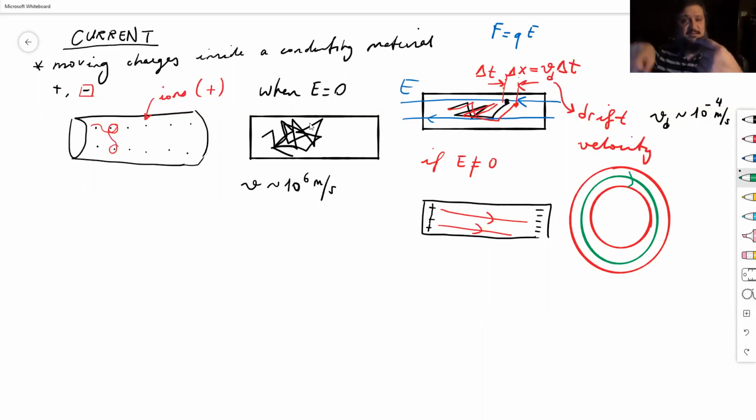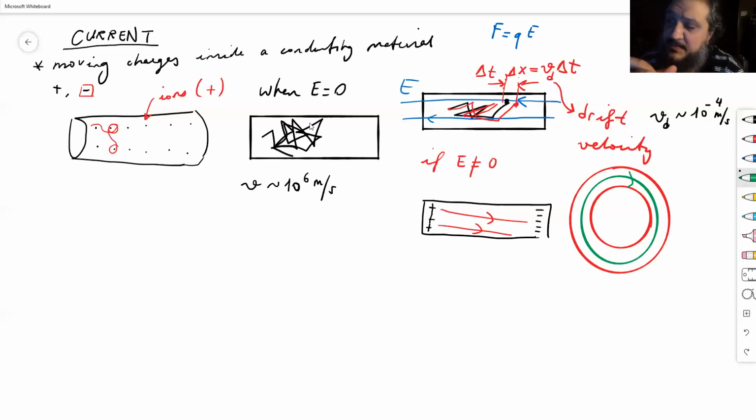Then you would have these electrons move. Just to give you an example of how you could have a steady current, you have to have something closed, like a loop.